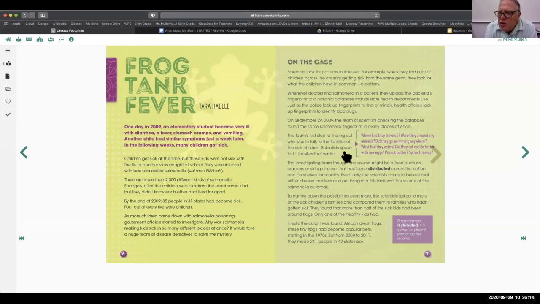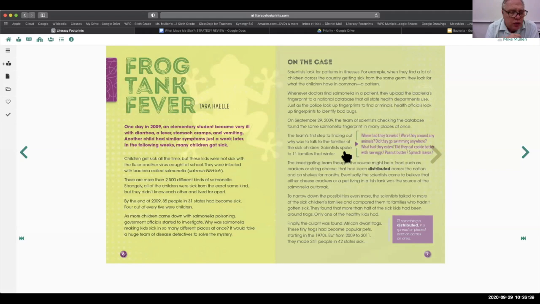We've read the page. Now it's time to make a prediction. And remember what they said. What kind of genre is this? Are we reading for a story with characters, plot? Or are we reading something for information? Well, this time we're reading for information. That's right.